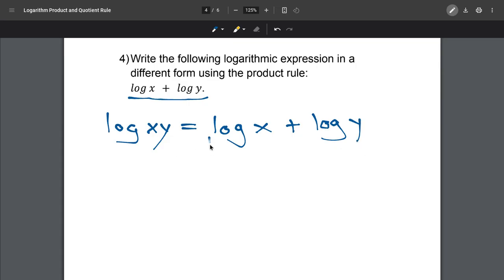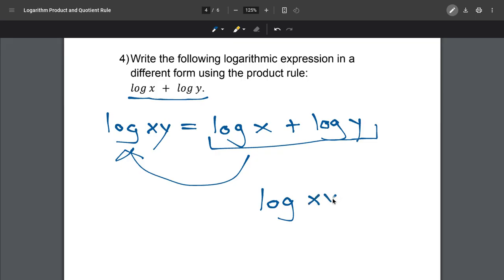So we're just going from here back to here. So long story short, the answer is log xy. And there we go.